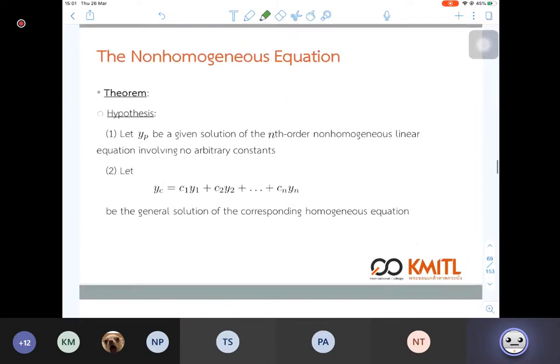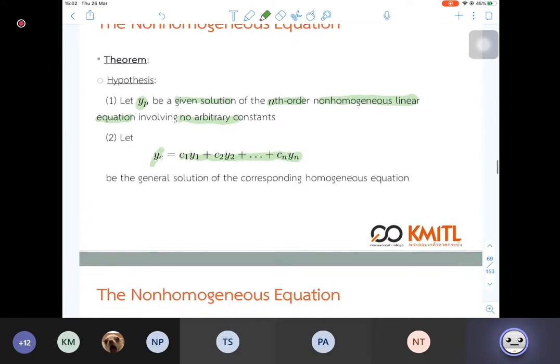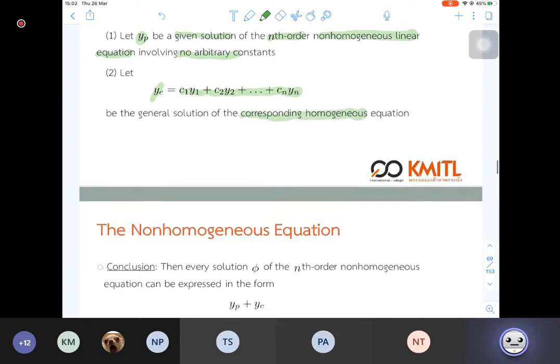So let's put that in the hypothesis of the theorem. The hypothesis said that if we let YP be a given solution for the nth order non-homogeneous linear equation, you have no arbitrary constant, and you let YC equal to these linear combinations, which is a solution of the corresponding homogeneous equation.